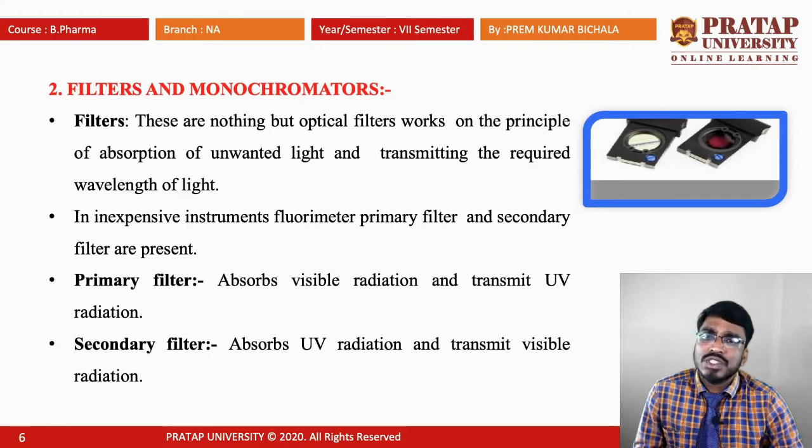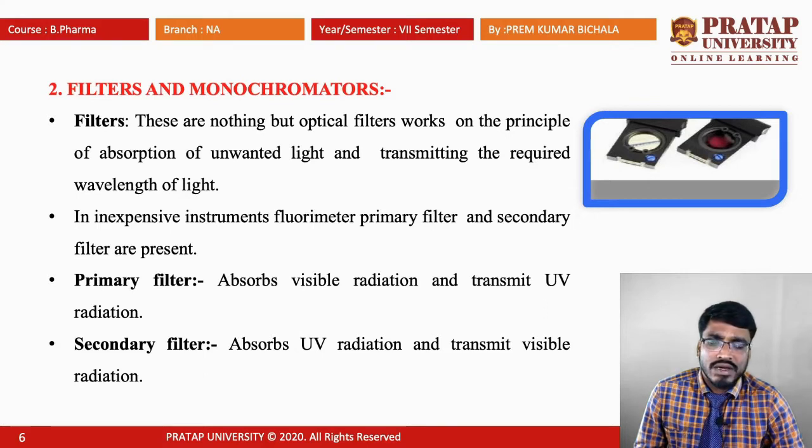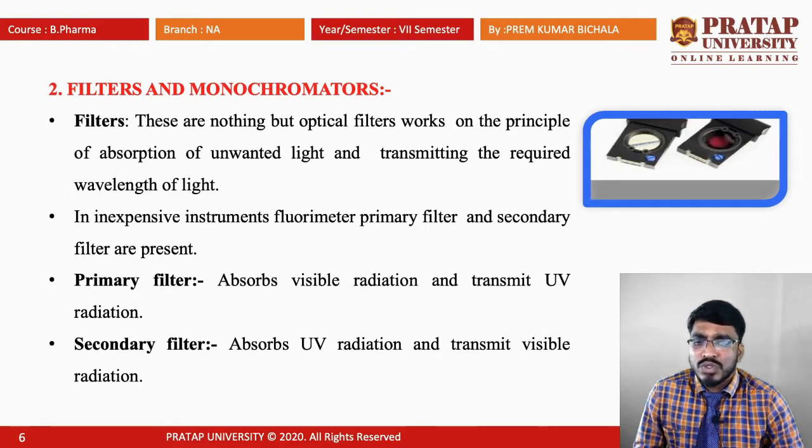Generally, in inexpensive instruments, the fluorimeter has primary filters as well as secondary filters. Primary filters absorb visible radiation, whereas they transmit UV radiation. Secondary filters absorb UV radiation and transmit visible radiation.